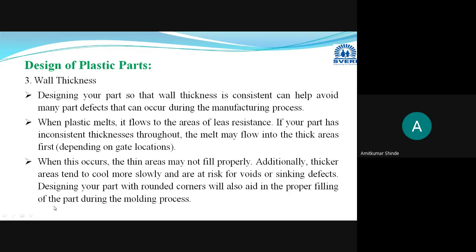Whenever you have inconsistent thickness for that particular part, then the molten plastic material will first flow into the thicker side. First it will flow into the thicker side, and whichever thin area is there will not get properly filled. That's why it may result in an improper or defective product. That's why wall thickness should be minimum and it should be uniform throughout.